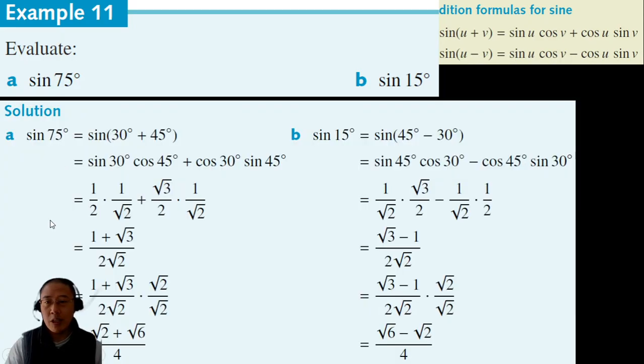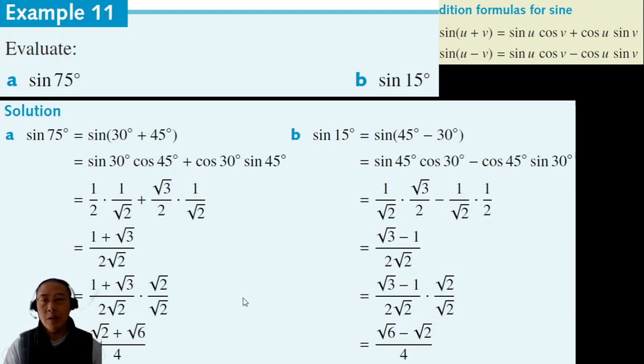With the first one, it's a sum of sines, you substitute with the formula. Same process as the example that we did previously, example 10. Here you have a difference, a slightly different formula with a minus here. Combine as one fraction, simplify, rationalize, and you get your answer.